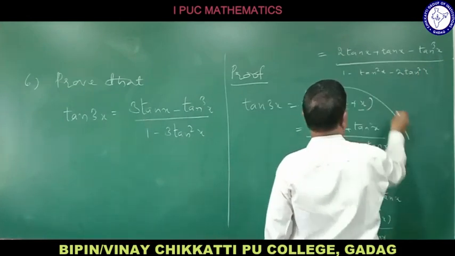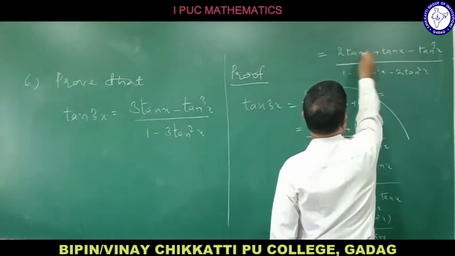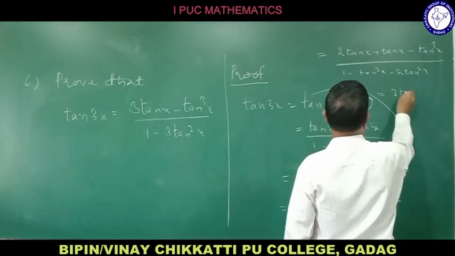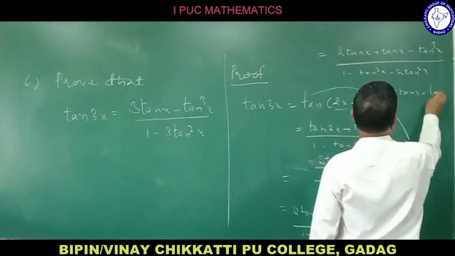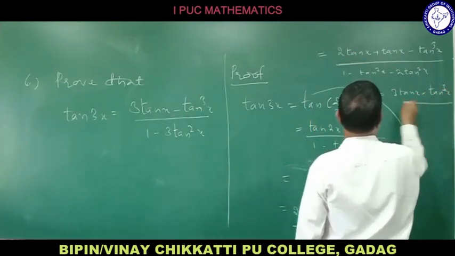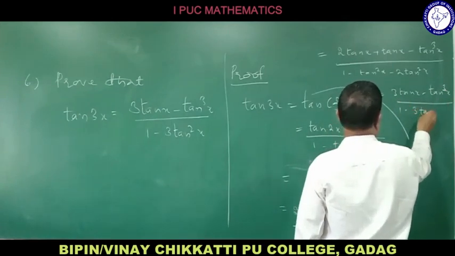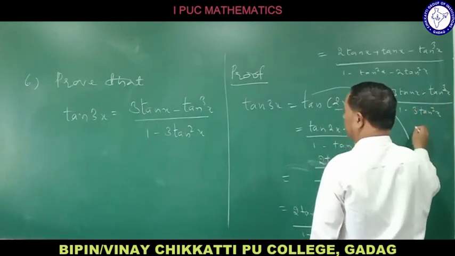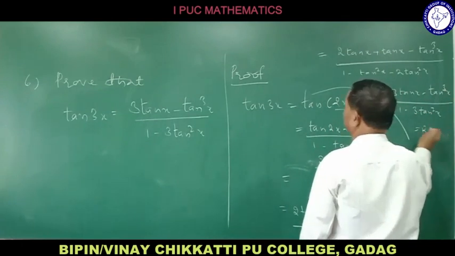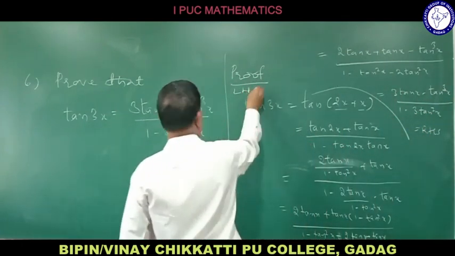So what we get is the final result: 3 tan x minus tan cube x divided by 1 minus 3 tan square x. So this is the RHS when you go for the LHS.